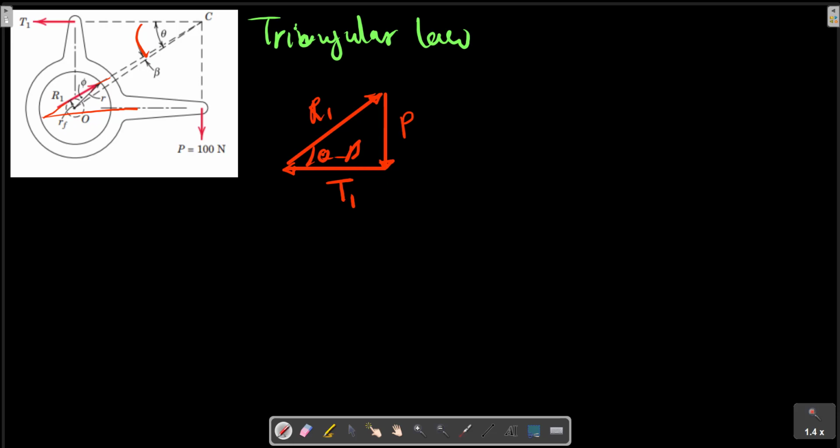With these free body diagrams, it is assumed that the direction of friction is opposite to the motion, so it is assumed that the motion is R1.